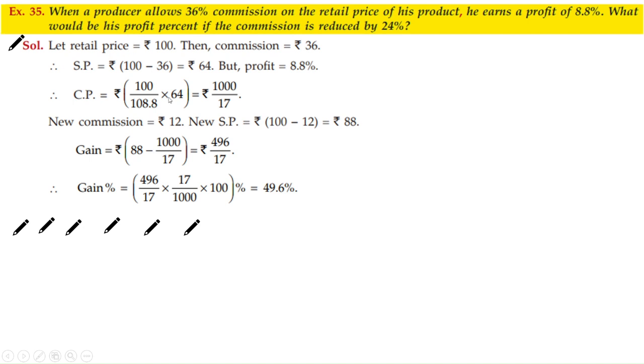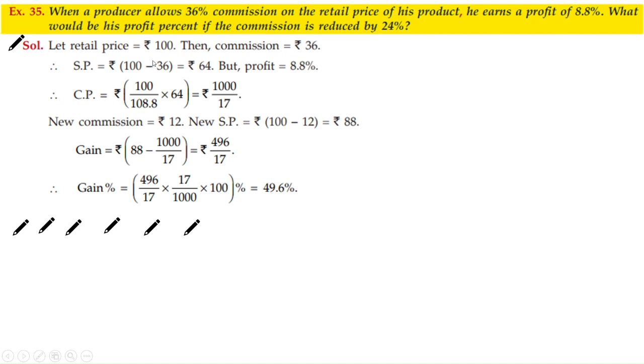When a producer allows 36% commission on the retail price of his product, he earns a profit of 8.8%. What would be his profit percent if the commission is reduced by 24%?